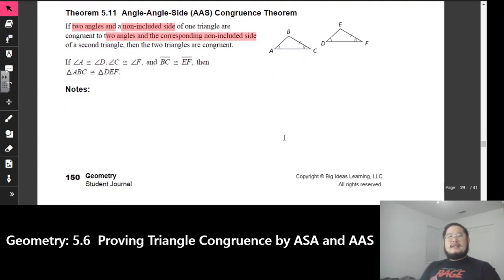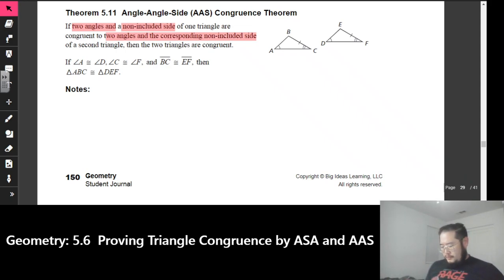We take a look next up at Theorem 5.11. We have angle, angle, side. So in this one, it says if two angles and a non-included side. So before, it was always like, we have our triangle, we have angle right here, angle right there, and then this was the side where my thumbs are. Well, this time, we have angle, angle, and then we have a side that's not in between.